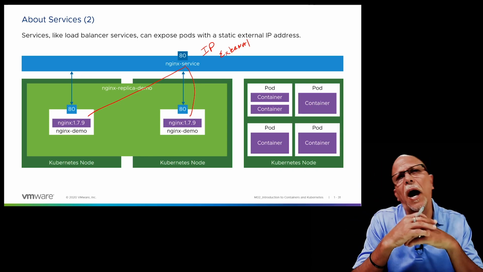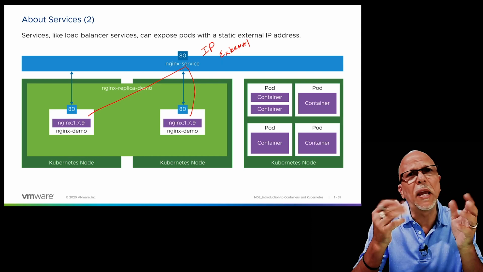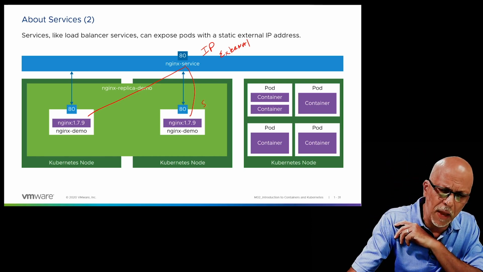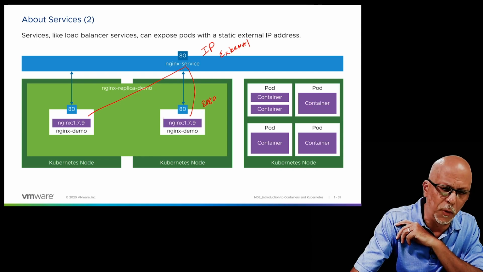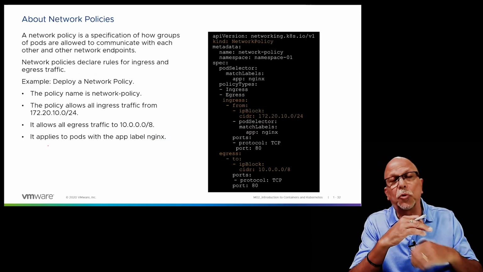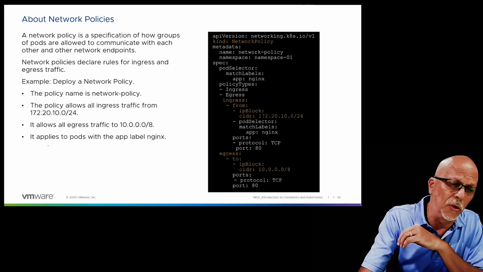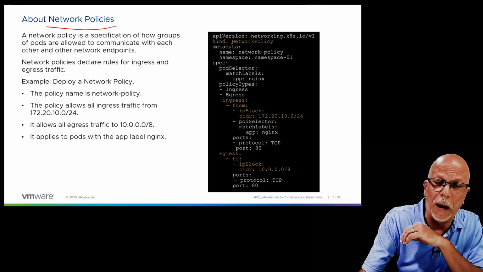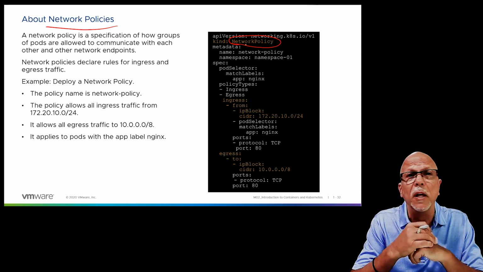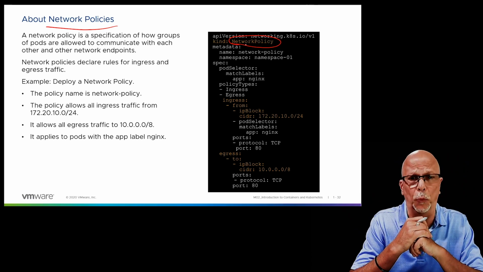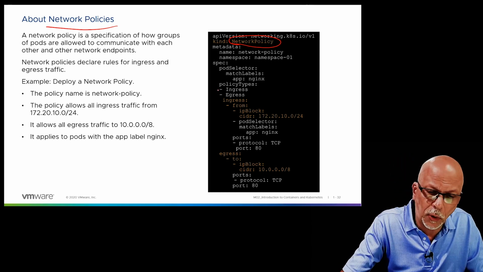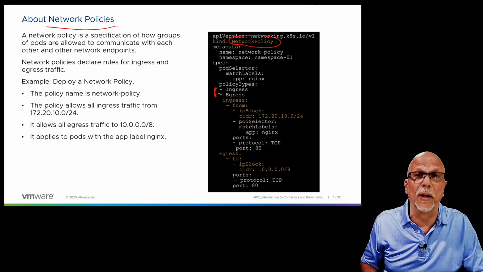Just because you've got pods running and they're going to have IP addresses, do I necessarily want somebody to come through on 8080, or do I want this pod to be able to talk to that pod? You can control that inside Kubernetes using something called a network policy. Network policies, very simply put, are a definition of firewall rules. In this particular case, I'm creating both ingress and egress rules.